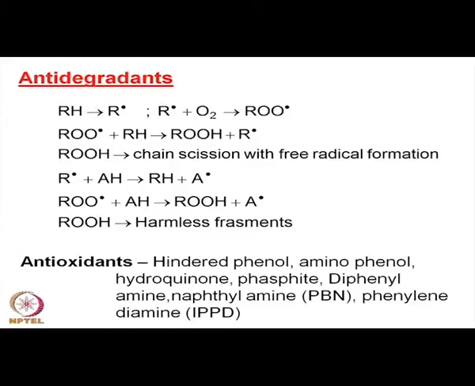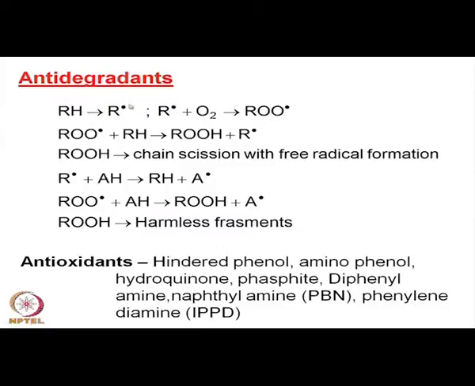That bond can be broken over here, forming a free radical, represented here as R dot. This R dot is very active. Now, if it gets access to oxygen from the atmosphere, it forms a peroxy radical, ROO radical.